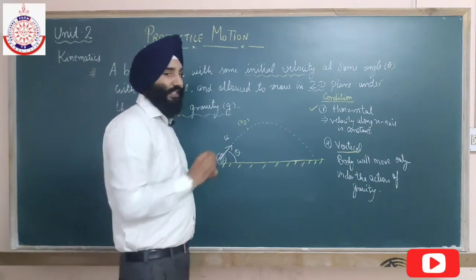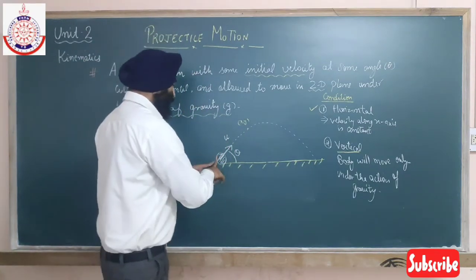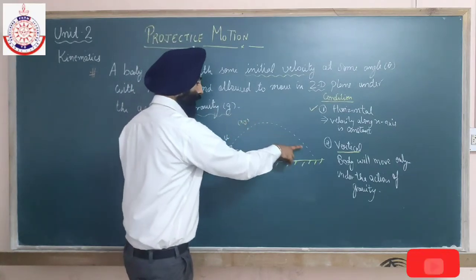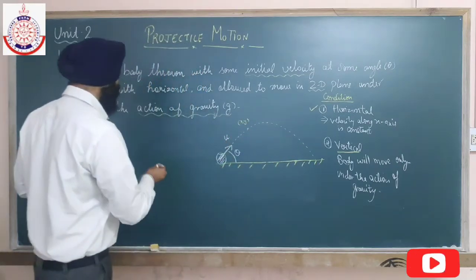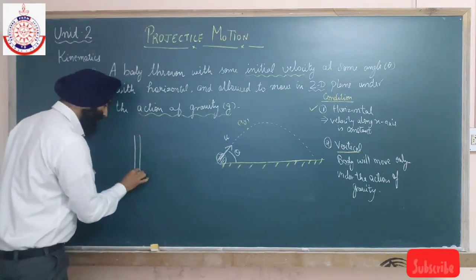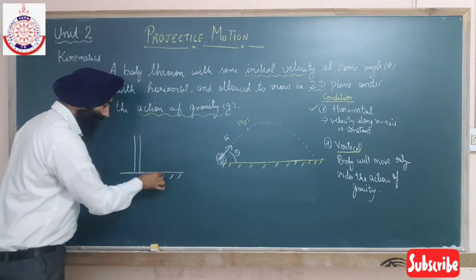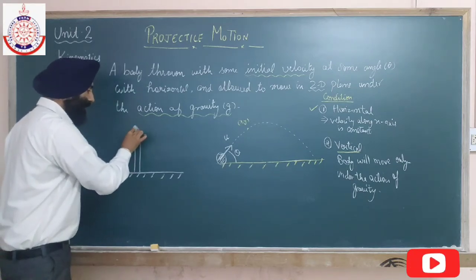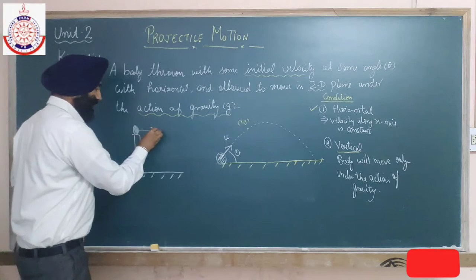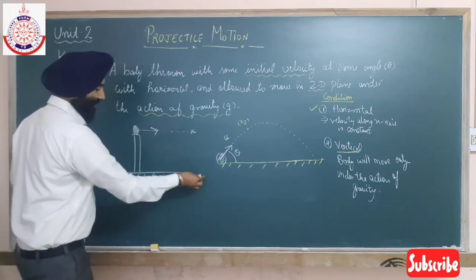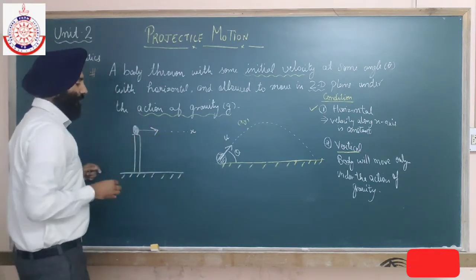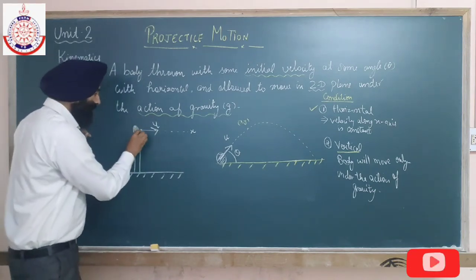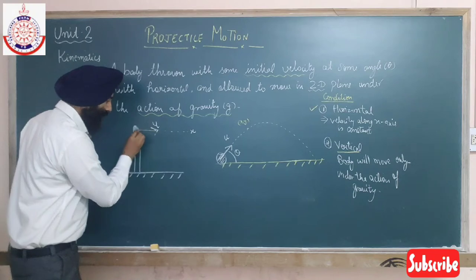According to these conditions, suppose I am throwing a javelin, it will follow this path. And one more case is there: if I am standing on top of a tower or building, and I throw a body in this direction only, along the x-axis, because this is parallel to the ground, with some initial velocity u, then the object will fall down.